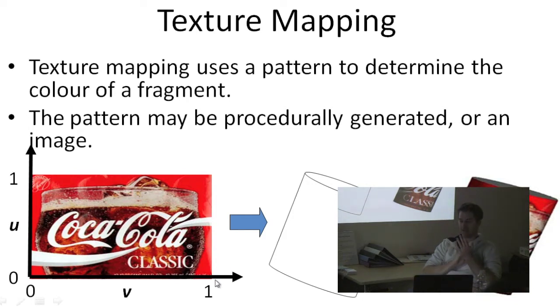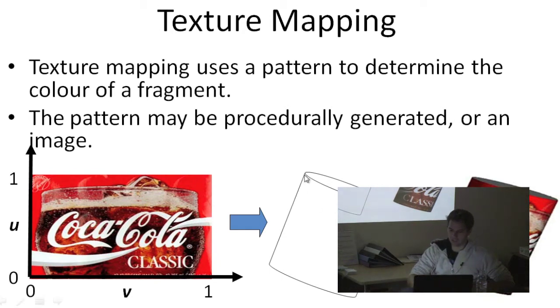If you remember when we looked at the RGB cube a while ago, we said at this point we want this color, at this point we want this color. We do the same thing with texturing, except instead of specifying a color, we specify a place on the texture, and that will stretch the texture between each vertex coordinate.